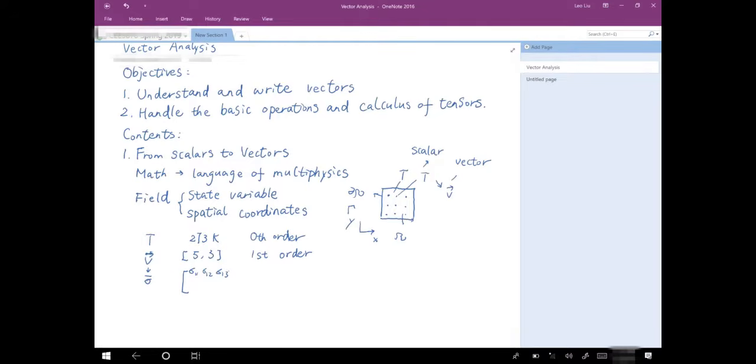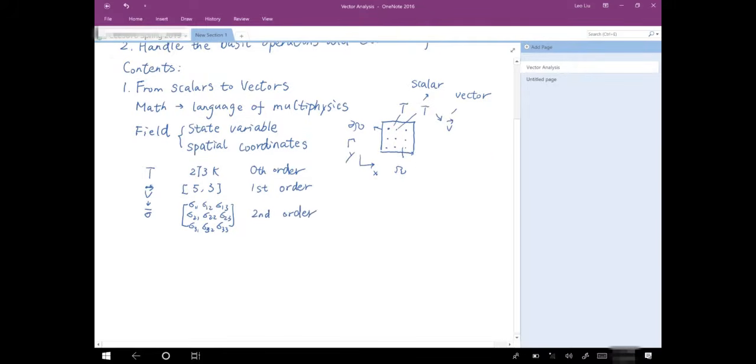Now we have a 2D array or a matrix in this case. So sigma 2 1, sigma 2 2, sigma 2 3, sigma 3 1, 3 2, and 3 3. So in this case, this is second order. If we keep going, we can get tensors with even higher orders.